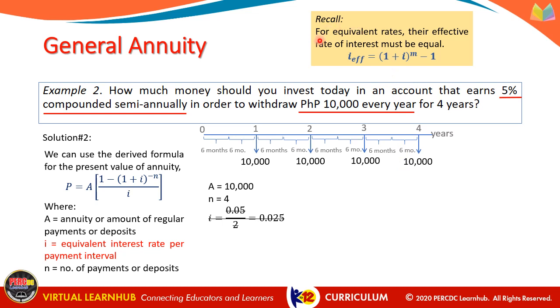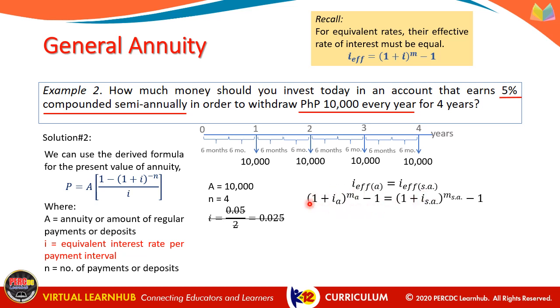Let's again recall that for equivalent rates, their effective rate of interest must be equal. Effective rate of interest is equal to 1 plus i raised to m minus 1. So we are just going to equate the effective rate of interest for annual and the effective rate of interest for semi-annual.